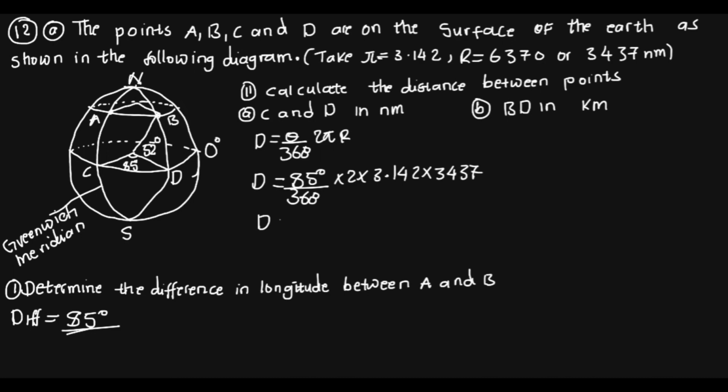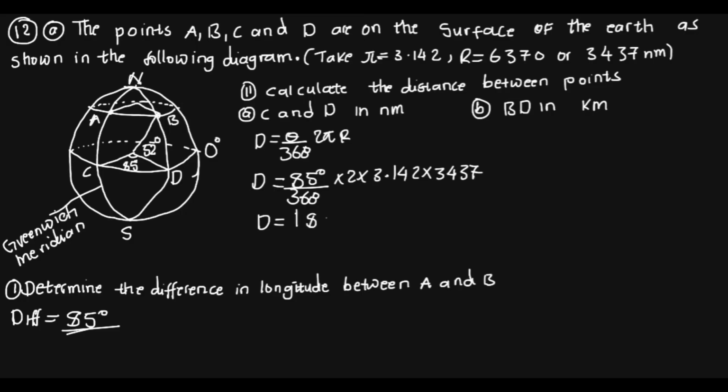So let's now do 85 times 2 times 3.142 times 37, getting this number.